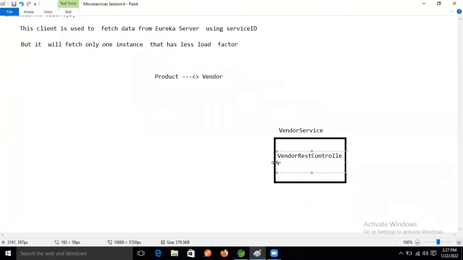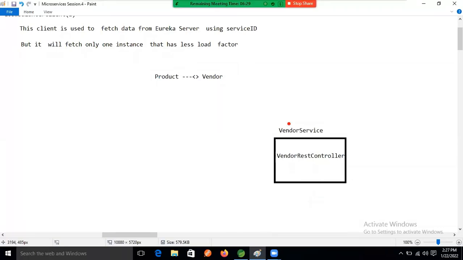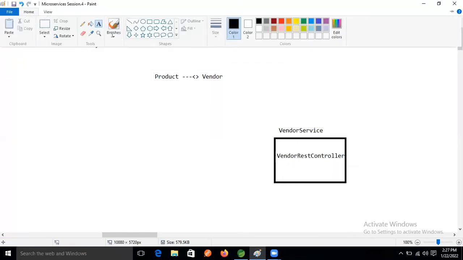Now, if our product microservice wants to communicate with the Vendor Rest Controller, then we need one client also, one consumer client.